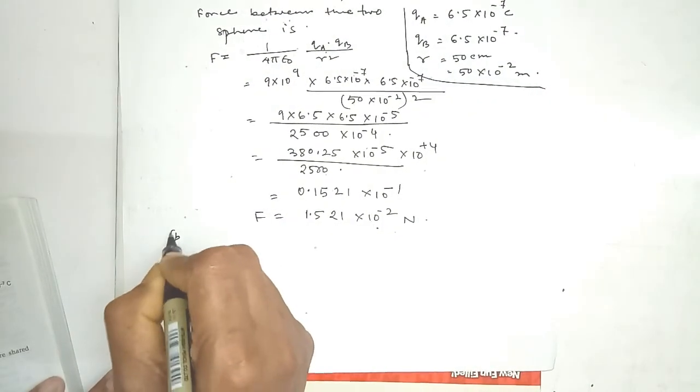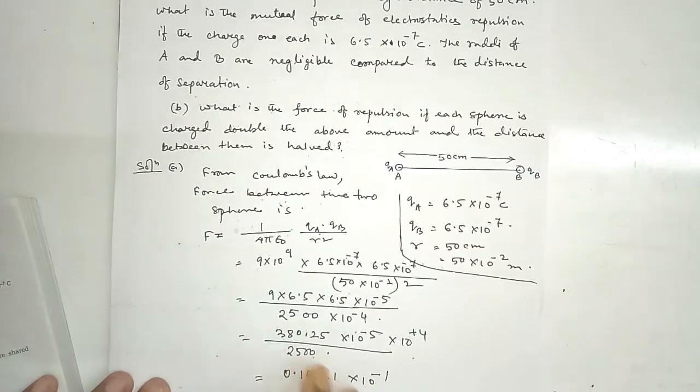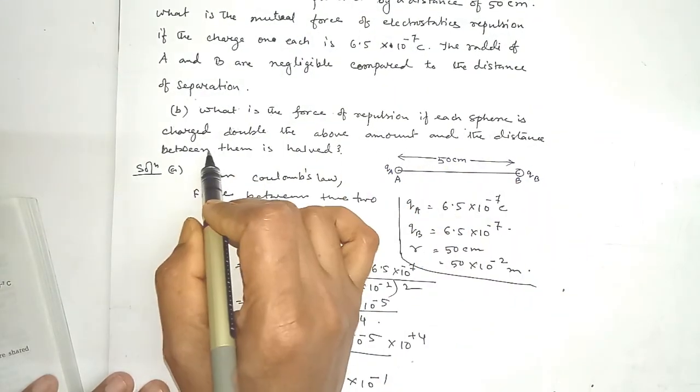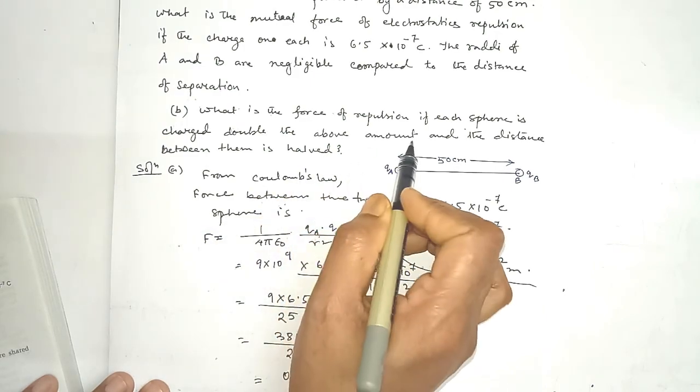And the question B is, what is the force of repulsion if each sphere is charged double the above amount and the distance between them is half?